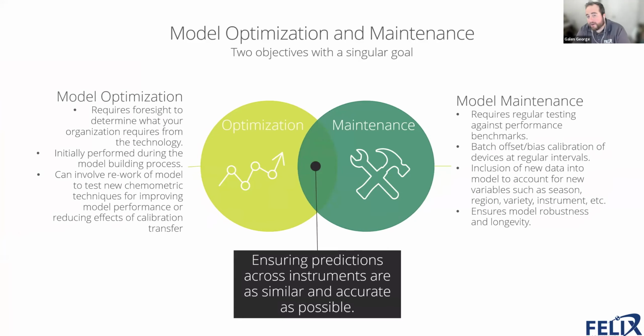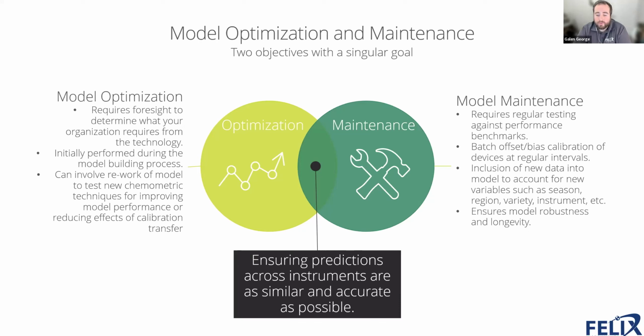So that's the calibration transfer problem in a nutshell. There are lots of ways you can go about addressing it, as you saw, but what is important is that you think about it when you are implementing this kind of technology into your operation.